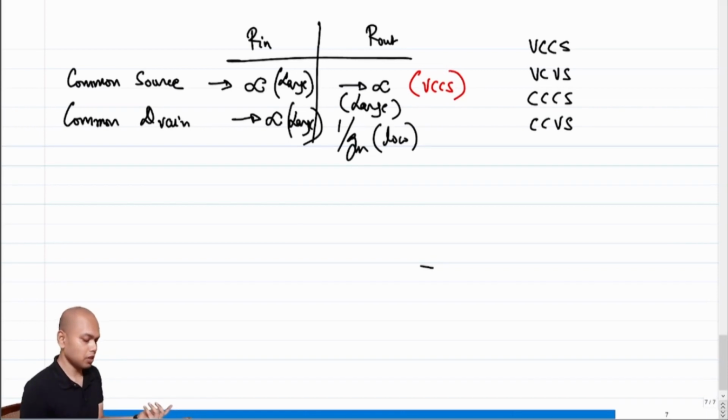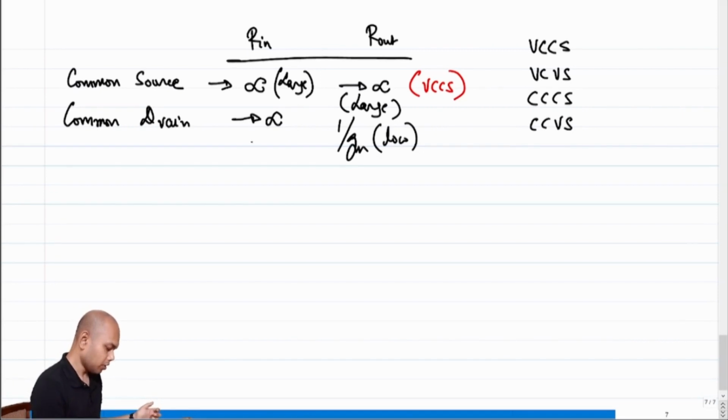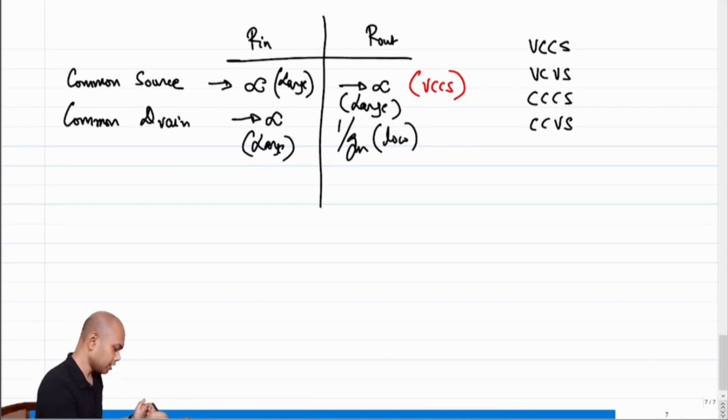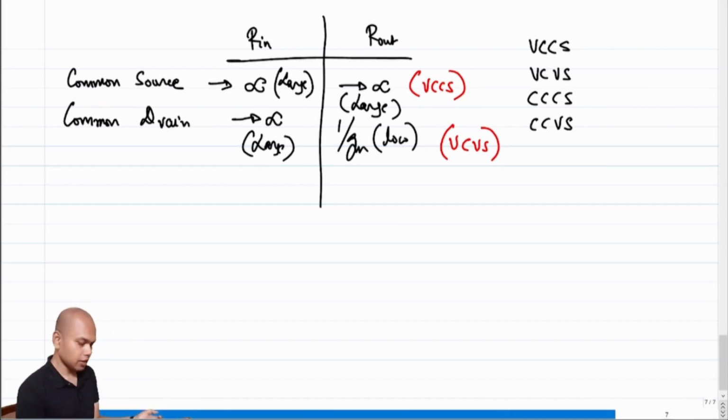With respect to the load, it's low. So input impedance is large, output impedance is small. What do you think this configuration classifies into? I mean, we have talked about this. This clearly is a voltage controlled voltage source with a maximum gain of unity, right?